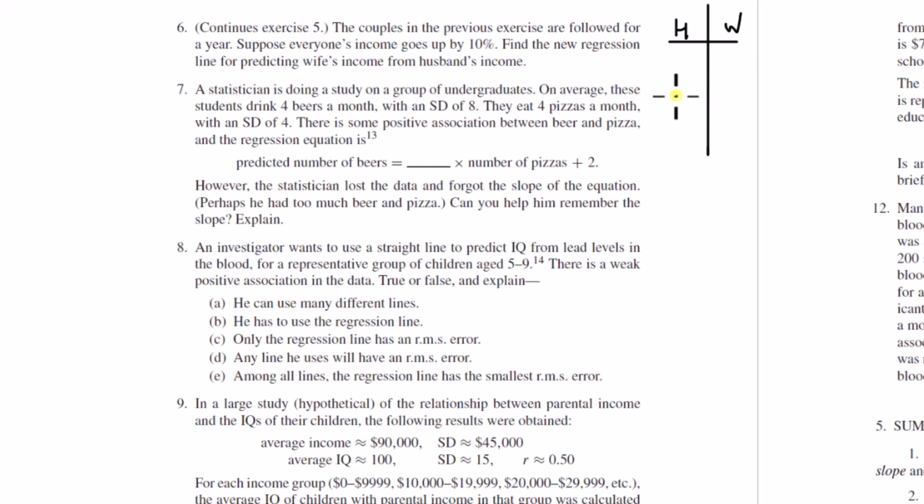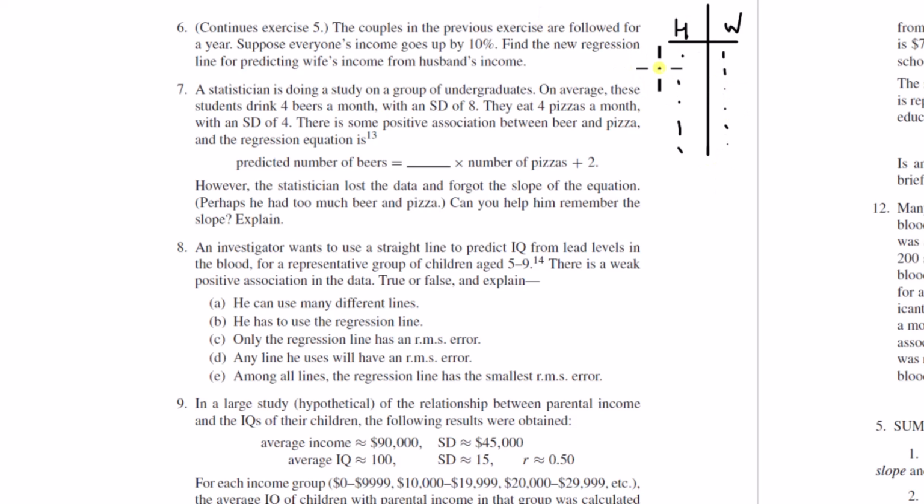Okay, so we've got all these data points to start out with before we got to this exercise. Now it's telling us that the couples in the previous exercise are followed for a year, and then suppose everyone's income goes up by 10%. If something goes up by 10%, you can figure out the new value by multiplying that value by 1.1, right?